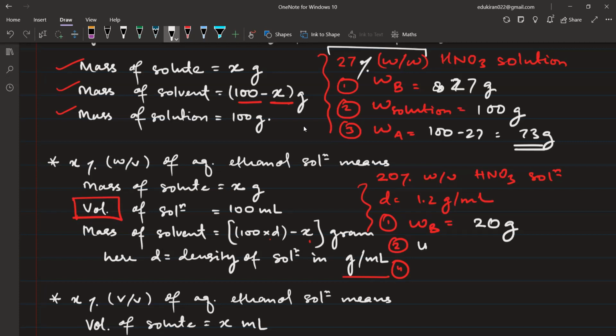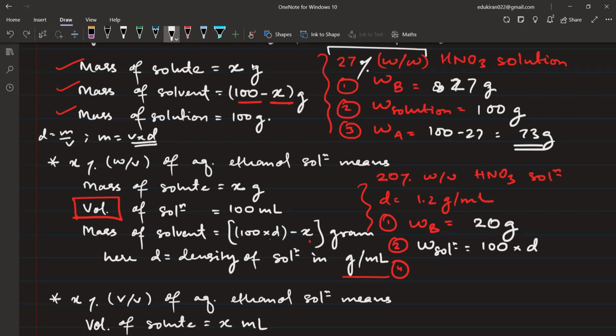Now tell me what will be the mass of solution? This will be equal to 100, that is the volume, into the density. Because density is equal to mass upon volume, therefore mass will be equal to volume into density. So 100 is the volume of the solution into density.